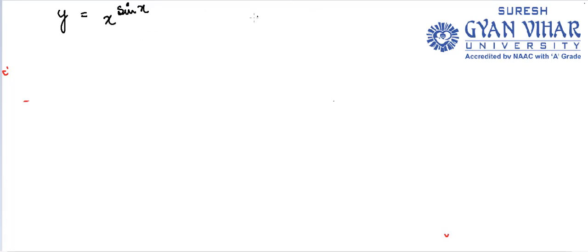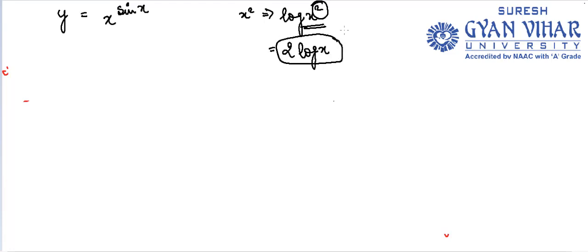The very first property of log says, if we have x square and we take log of x square, then this 2 will come out front, 2 times log of x. This is the first property of log.